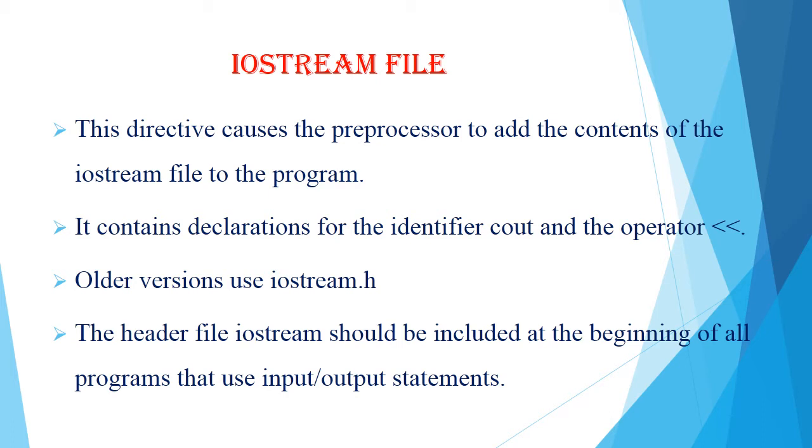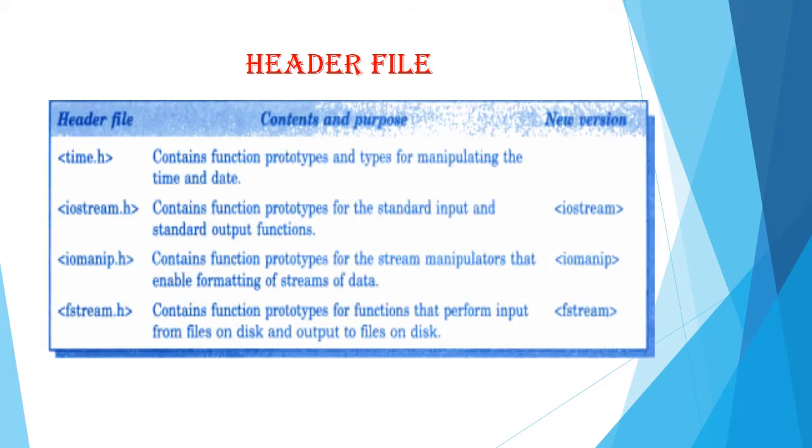It contains the declaration for the identifier cout and the operator double lesser than, that is the insertion operator. The header file iostream should be included at the beginning of all programs that use input-output statements. These are the sample header files we can use.